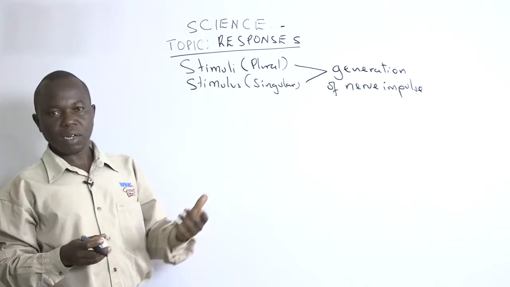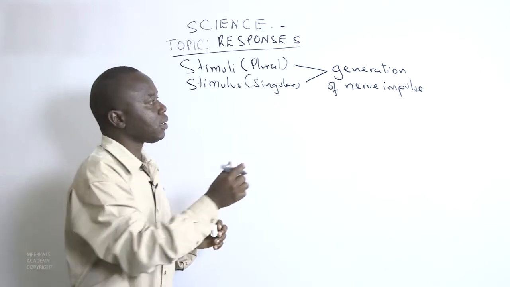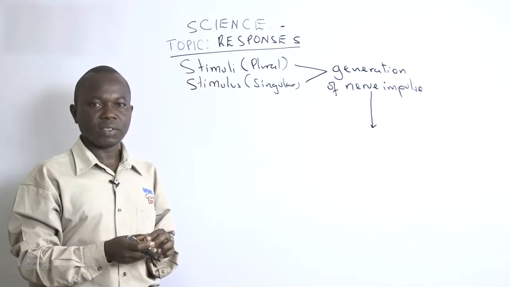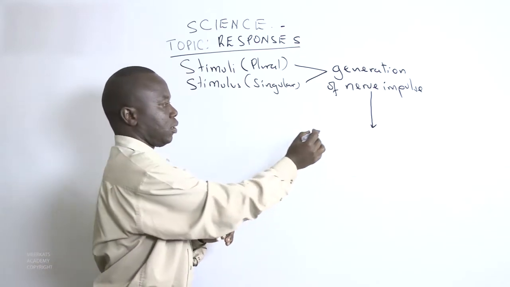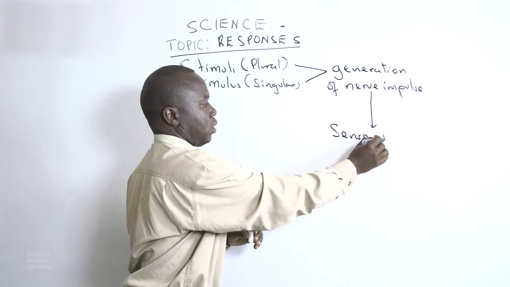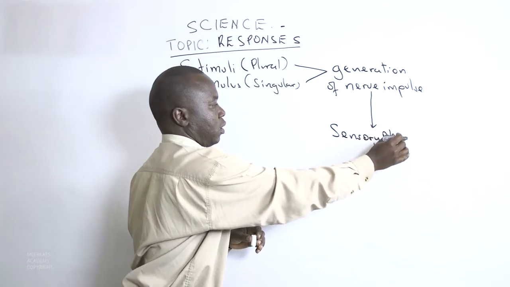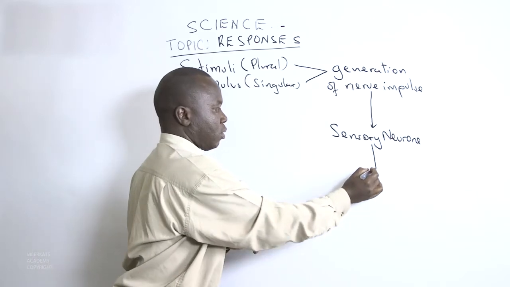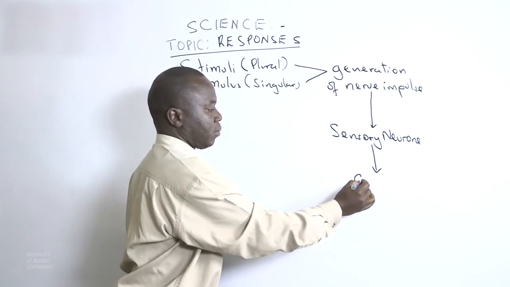Once the sense organ has generated the nerve impulse, it will be conducted via the sensory neuron to the central nervous system.